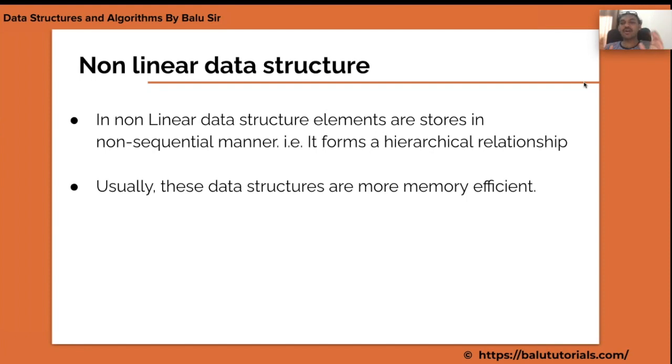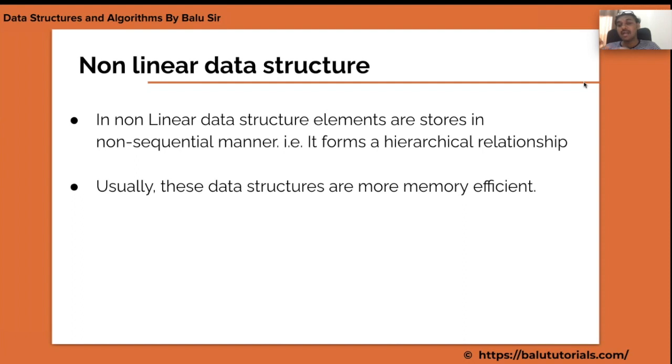Data structure is about data representation, and data structures are classified into two types: linear and non-linear. A linear data structure means elements are represented in sequential order, which is not the same as sequential memory. Non-linear means a hierarchical representation.